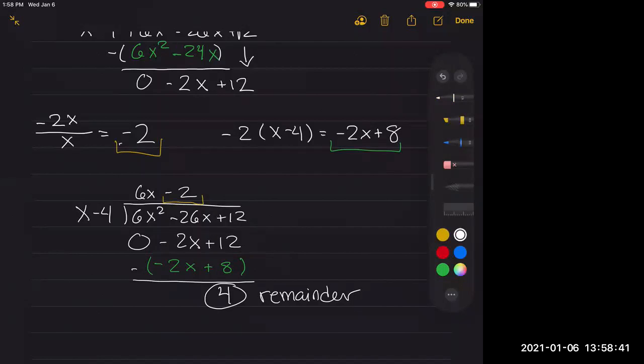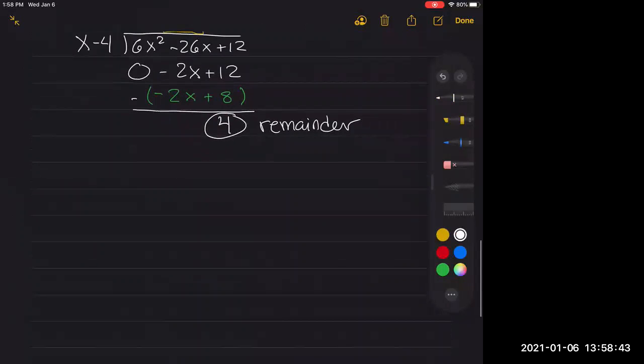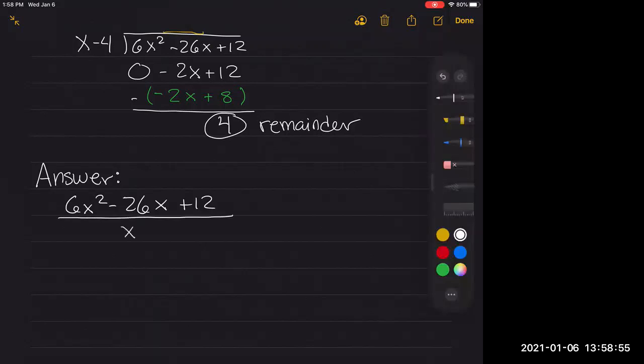All right. So then we write our answer out. So we have that 6x squared minus 26x plus 12 all over x minus 4 equals 6x minus 2 plus 4 over x minus 4.